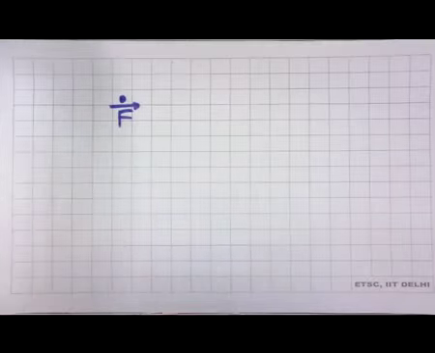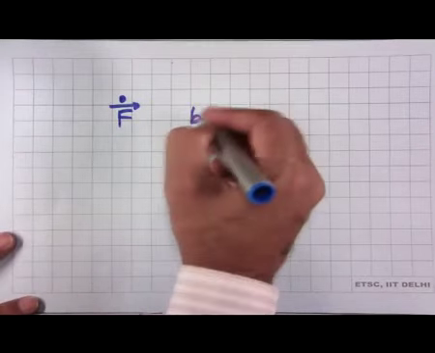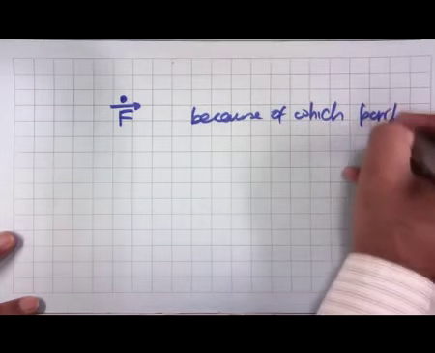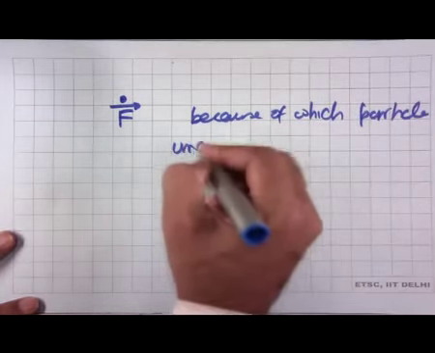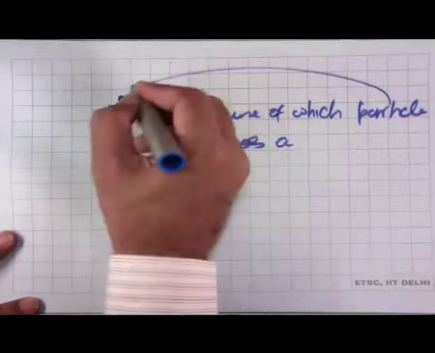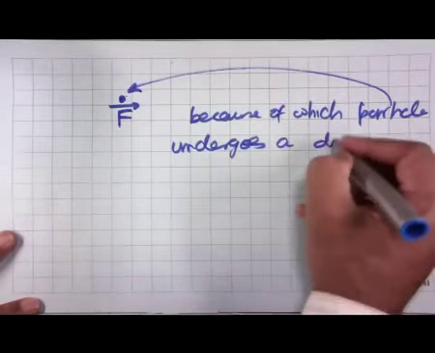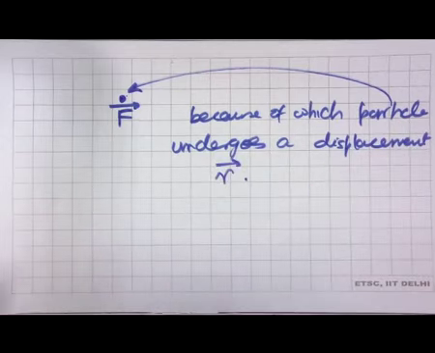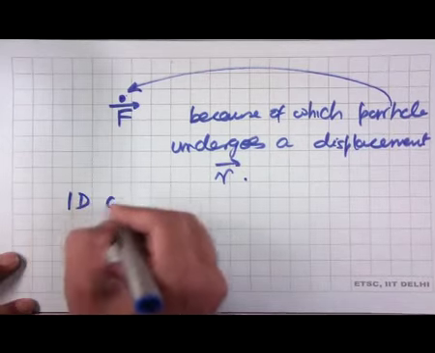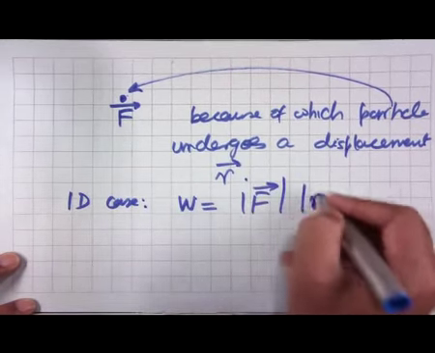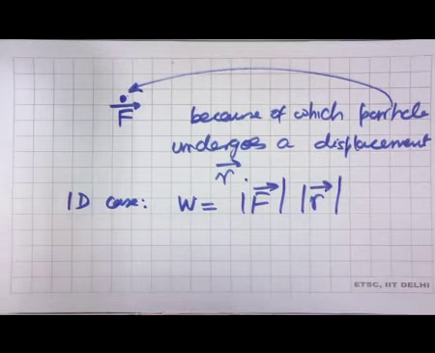We have a force F which is acting, because of which the particle, which I am showing as a dot, undergoes a displacement R. Therefore, for the 1D case, work done will be equal to magnitude of F times magnitude of R.